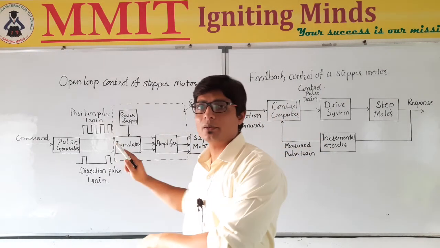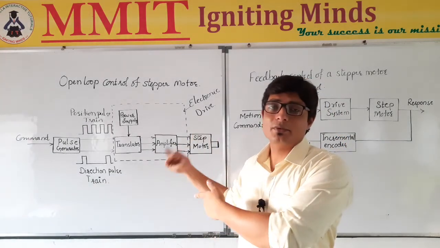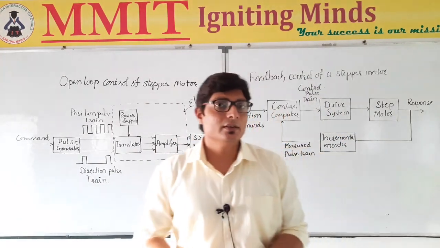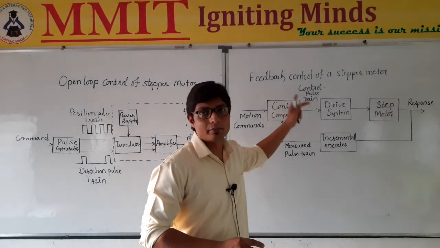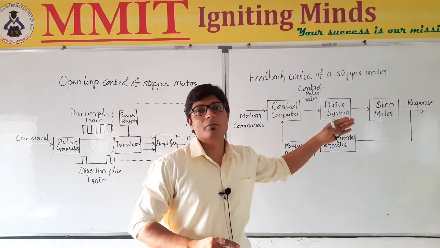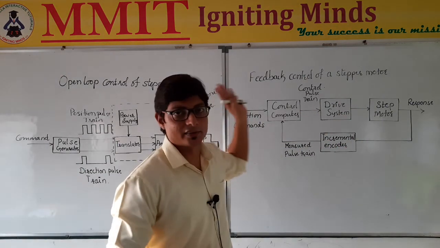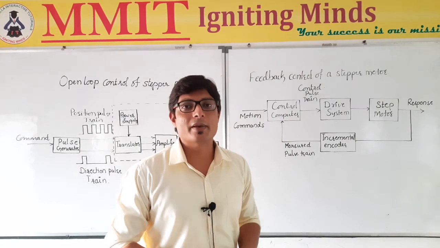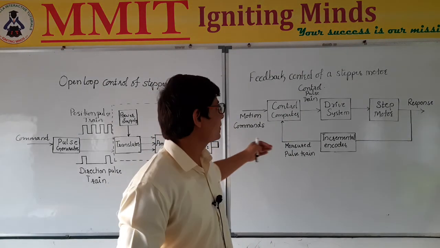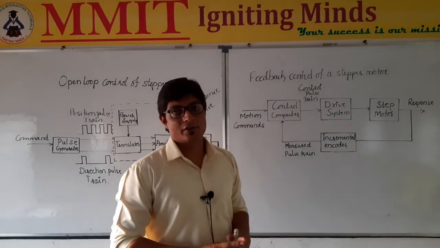Now, to overcome the disadvantage that if any pulse is missed it cannot be detected, we need a feedback mechanism to detect whether we have got the number of steps as set by the command signal or not. Here is a schematic representation of a closed loop or feedback control of a step motor.